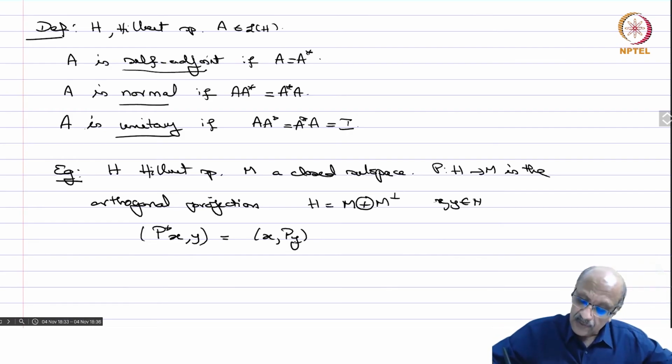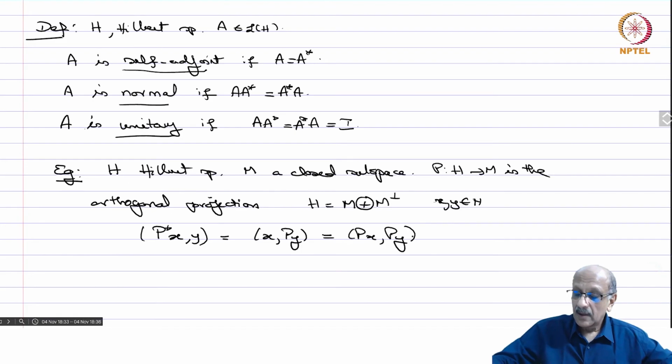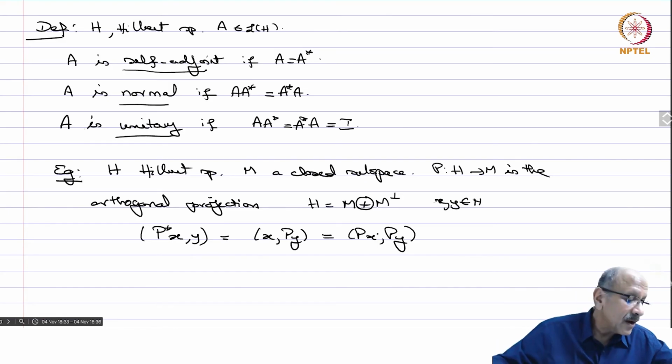Now Py belongs to M, so what is the characterization? So this is nothing but Px, Py, because that's how the projection is characterized.